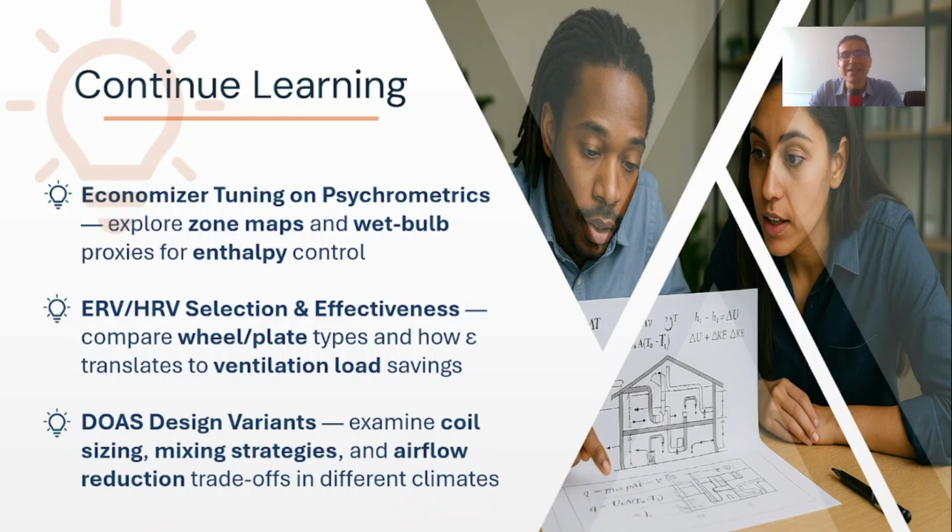This includes figuring out how to set outdoor air coil targets, choose the best mixing strategies, and manage the trade-off of reduced circulation airflow to ensure proper distribution. These design choices will sharpen your ability to deploy truly energy-efficient airside systems.